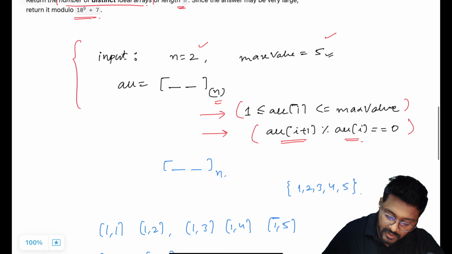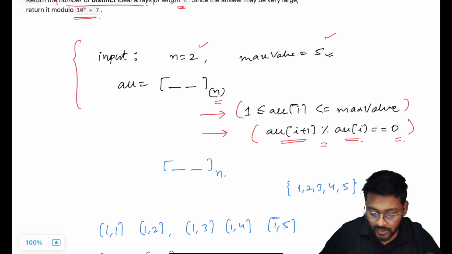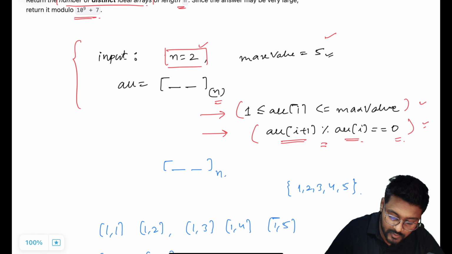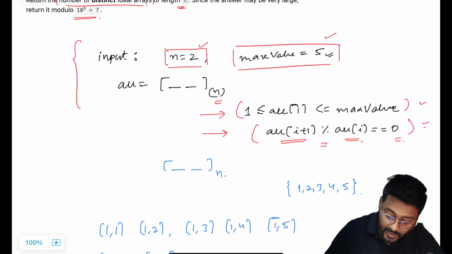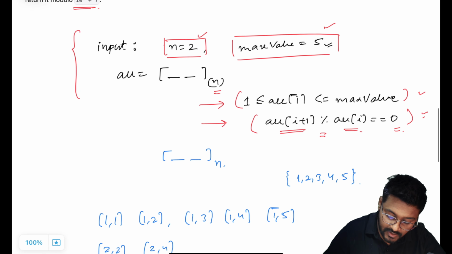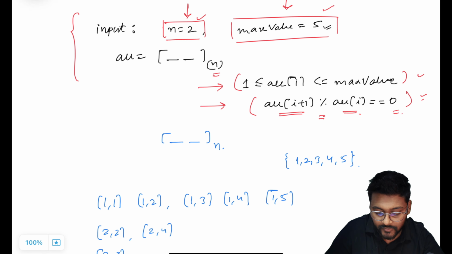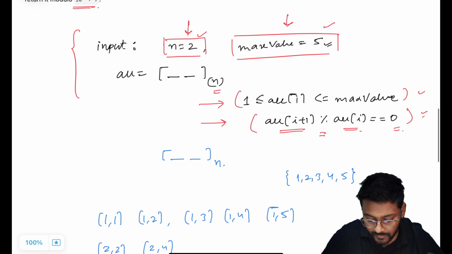And divisible means taking the modulo using the modulo operator, it comes out as 0. So these two conditions should be fulfilled by the ideal array, and the ideal array is of length n. What we have to return is the total number of possible ideal arrays we can form using these two values, such that the array is of size n and none of the values exceeds maxValue.